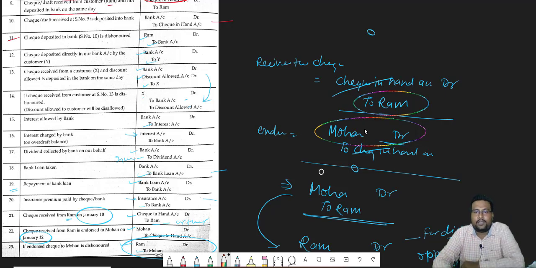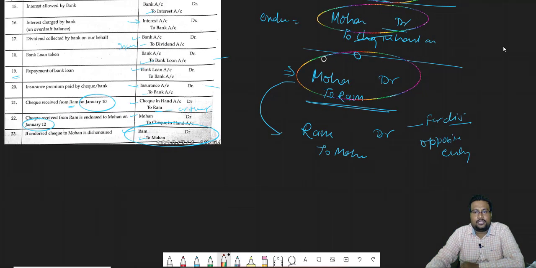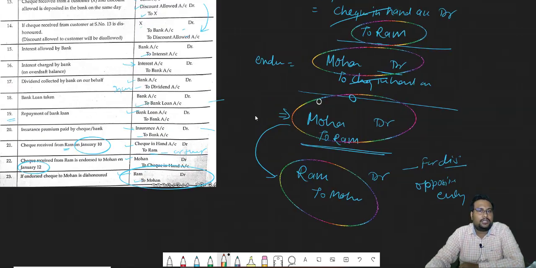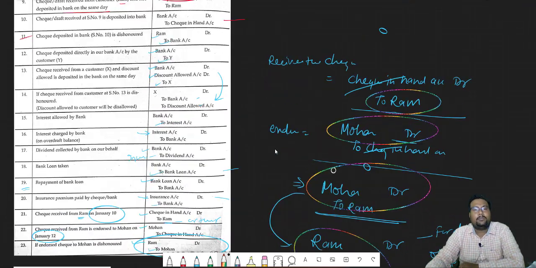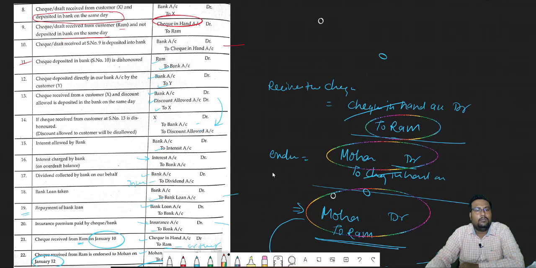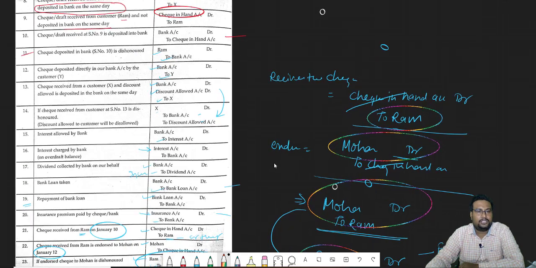This entry frames the final effect as Mohan debit to Ram. And when it is dishonored, just pass the opposite entry and Ram will be debit and Mohan will be credit. So these are all the transactions we can pass at the time of banking transactions.